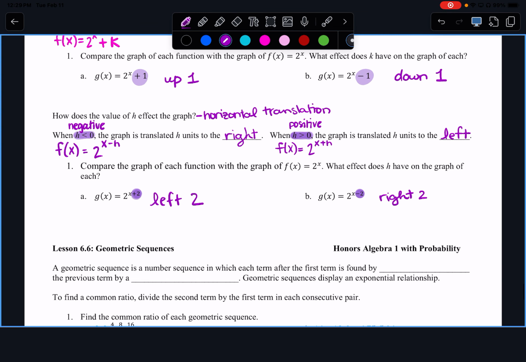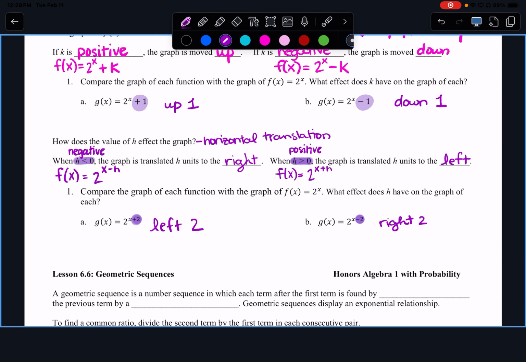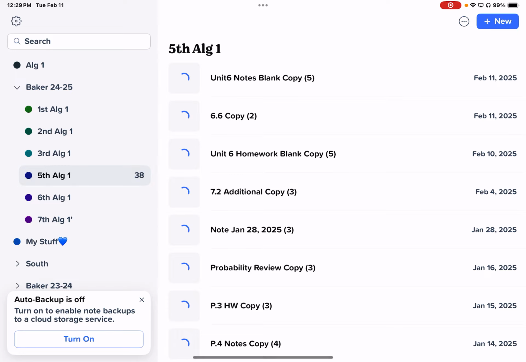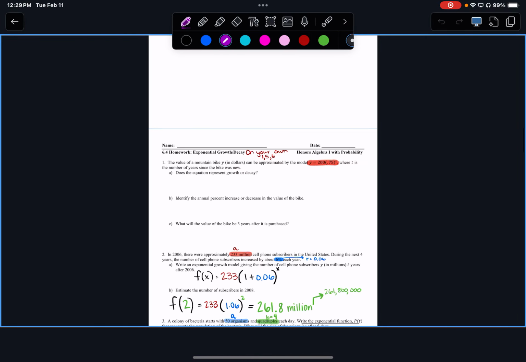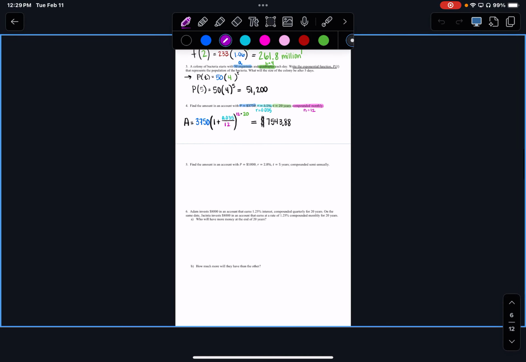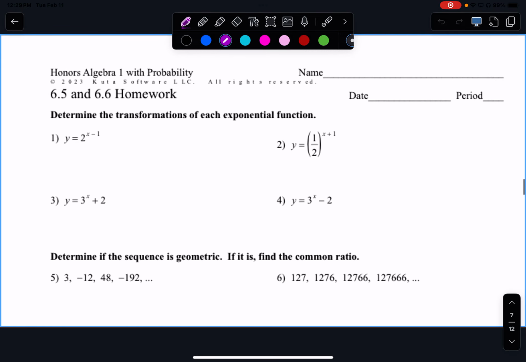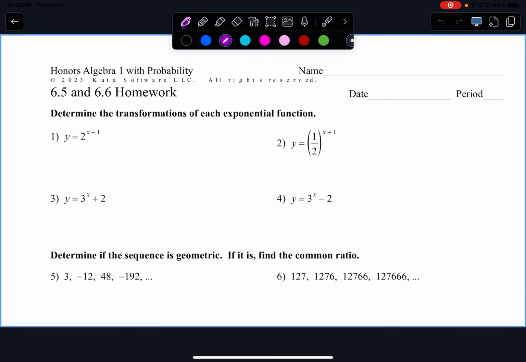So what I want us to do is get our homework packet out. And we're going to go to the 6.5 and 6.6 homework. And I want y'all to take a few seconds and do 1 through 4.